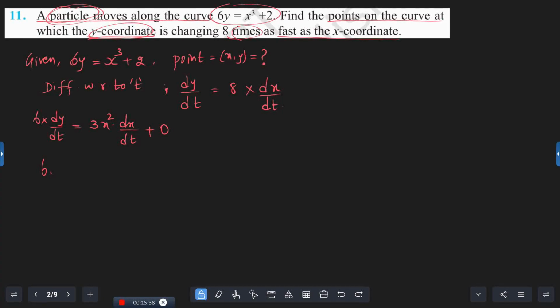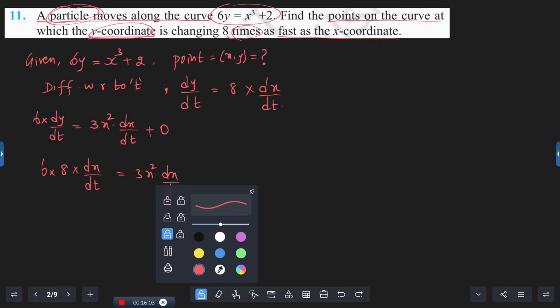So 6 into dy by dt, which is 8 times dx divided by dt. This is what I am getting from here: 6 into 8 times dx by dt is equal to 3 times x square into dx divided by dt.